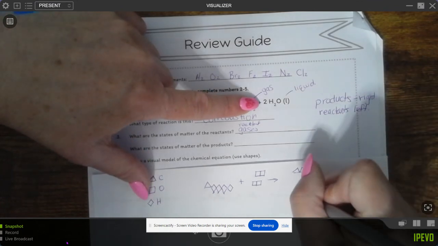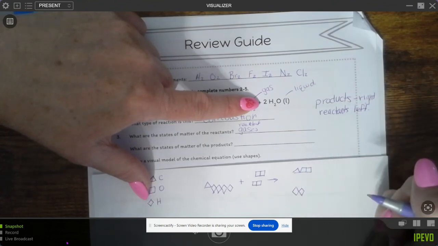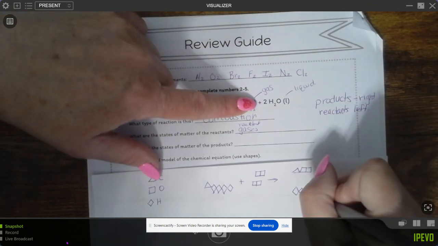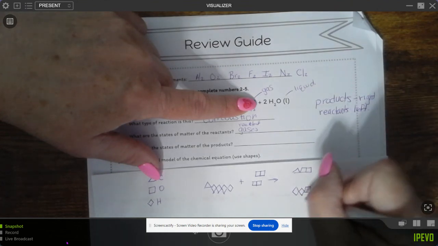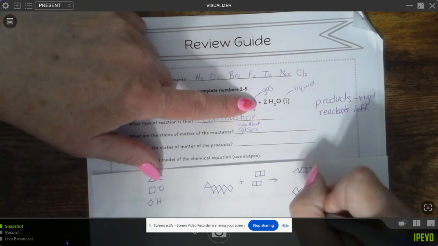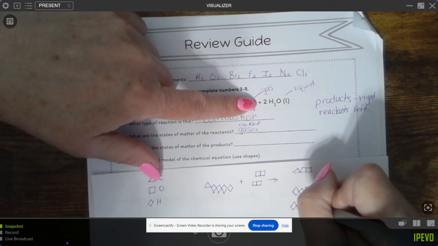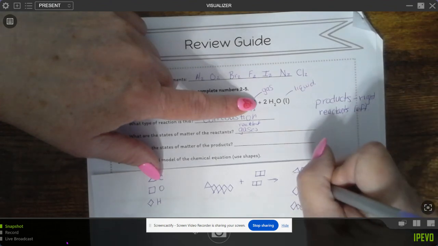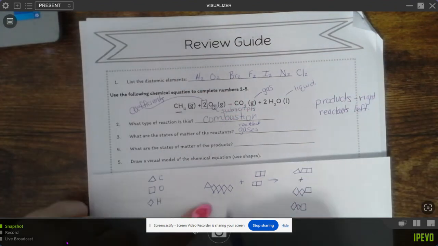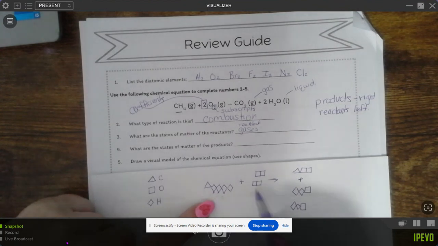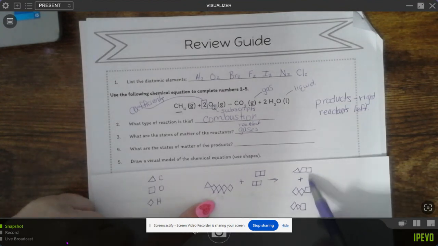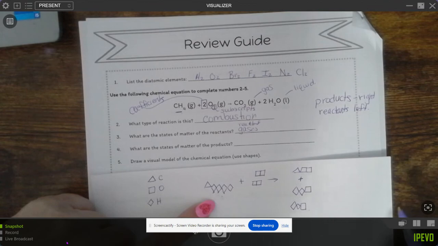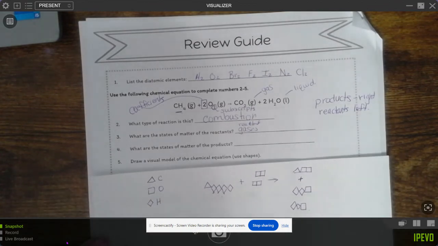H2O is two diamonds and an oxygen, but we have two of those. So this would be CH4 plus O2 is one CO2 plus two H2Os. That would be one way to represent it.